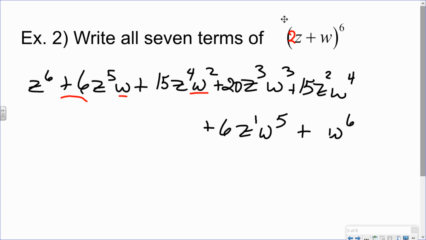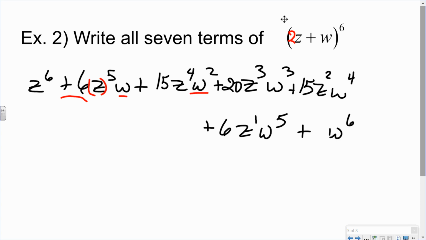If they had something like a 2z instead, that would mean instead of z to the 5th, I have 2z times 2z times 2z times 2z times 2z. So I would have had 32 z to the 5th. Still, then 32 times 6, I'd have to simplify that. And so on across there. So just a heads up that they are going to get more complicated.